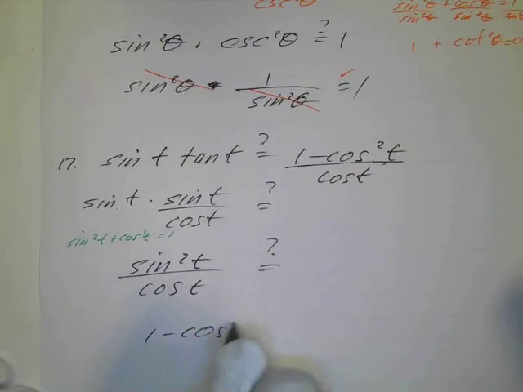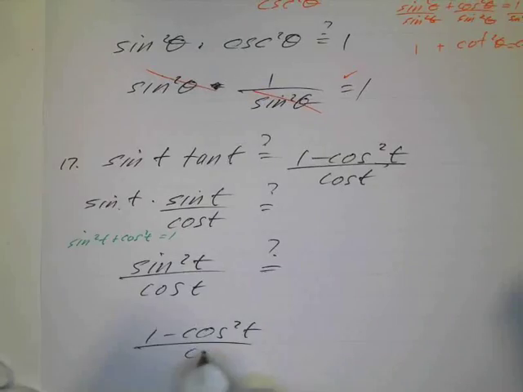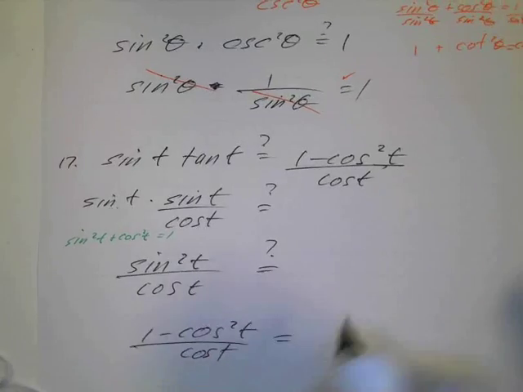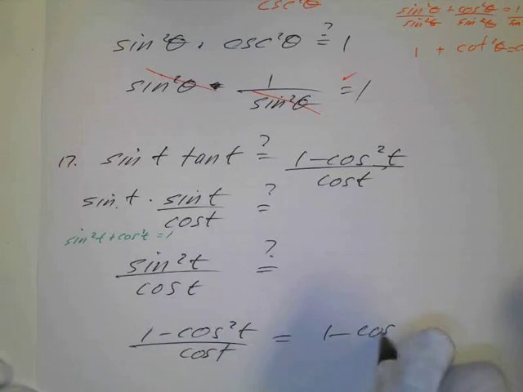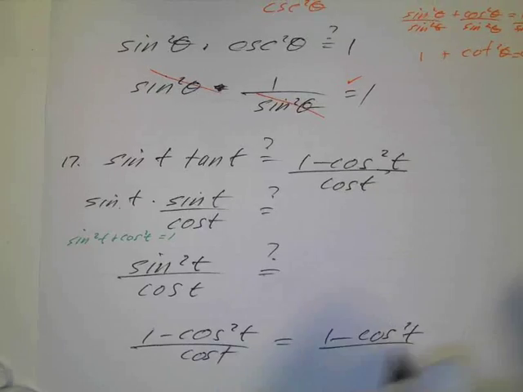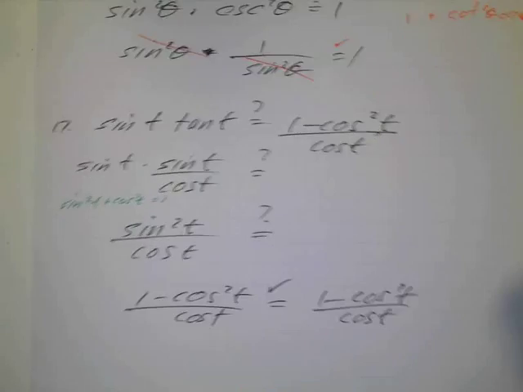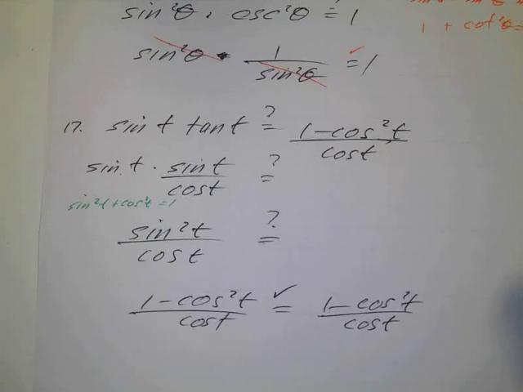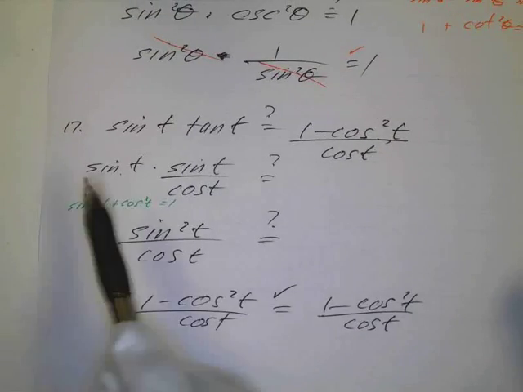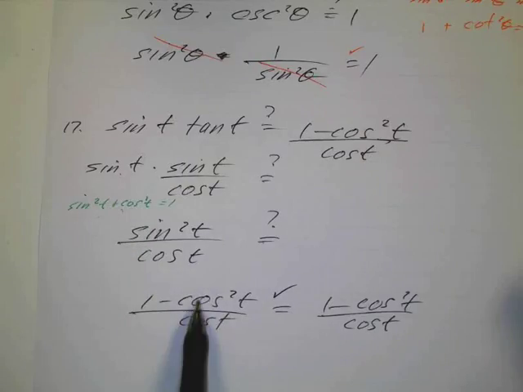So we'll write this as 1 minus the cosine squared of t over the cosine of t, and that does equal that. And there's your identity. So that wasn't so bad. Just remember, we have to remember this one, but this leads to this. All right, that was 17.